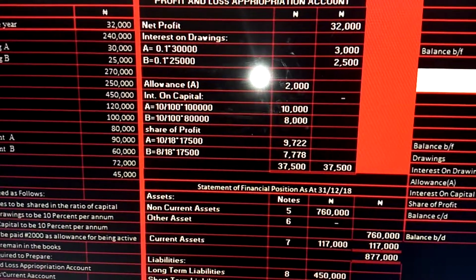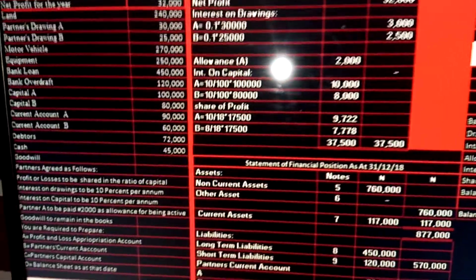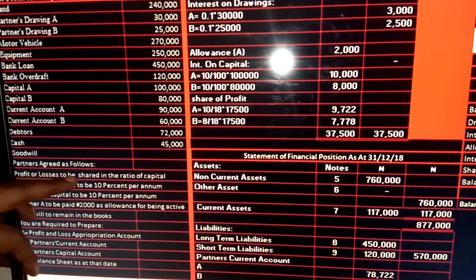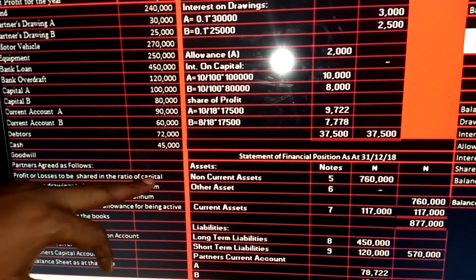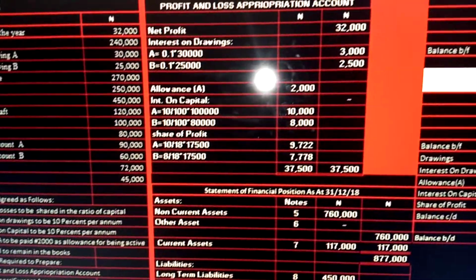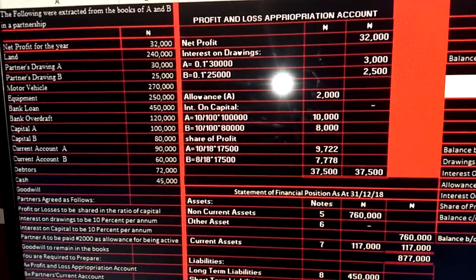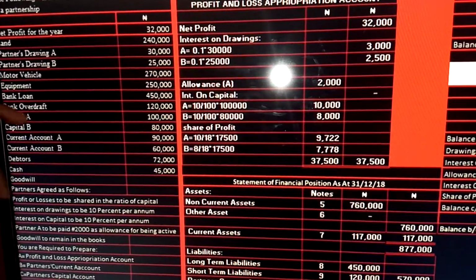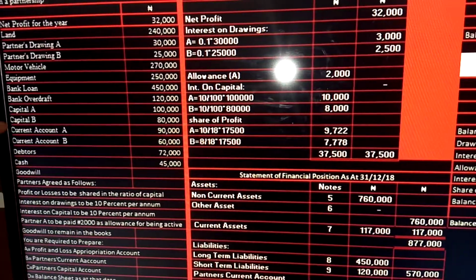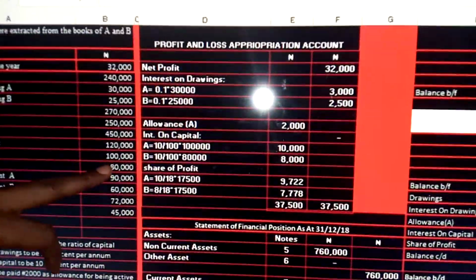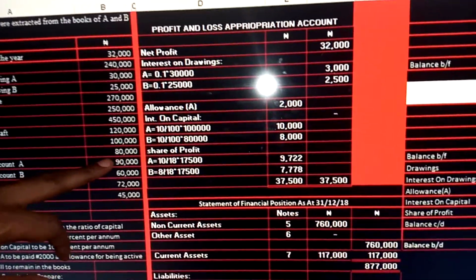Remember, it was said that profit or losses are to be shared in the ratio of capital. So what is the capital? Capital of A here is 100,000, capital of B here is 80,000. So 100,000 plus 80,000 is 180,000.